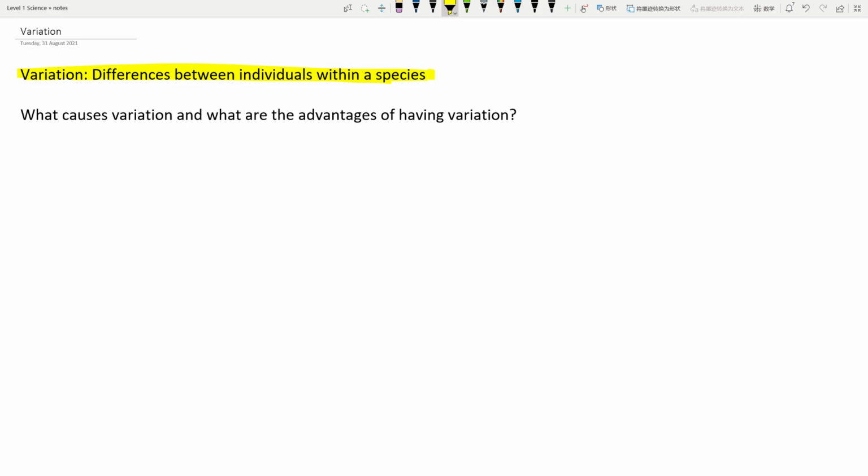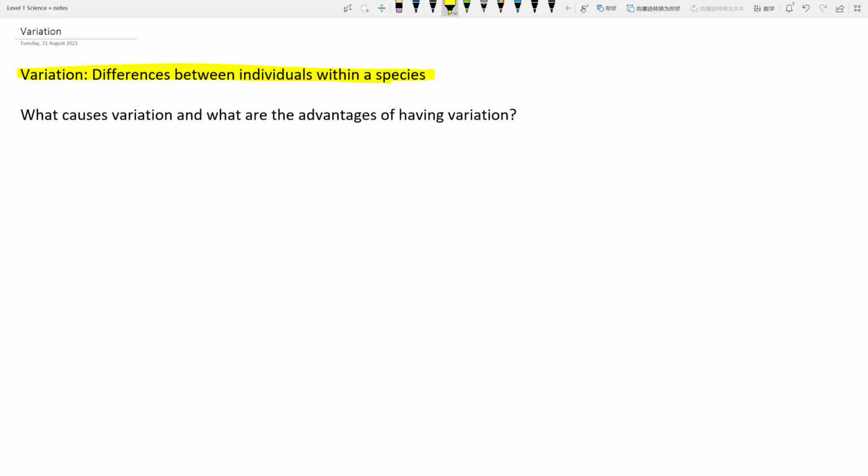Okay, so what is variation? Variation just means differences between individuals within the species. So you're not comparing a dog versus a cat because they're not the same species. You're comparing your dog versus your neighbor's dog versus your cousin's dogs, and they will be different.